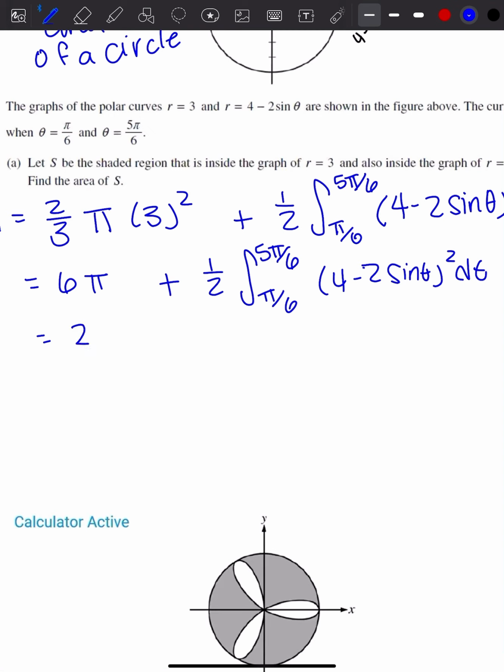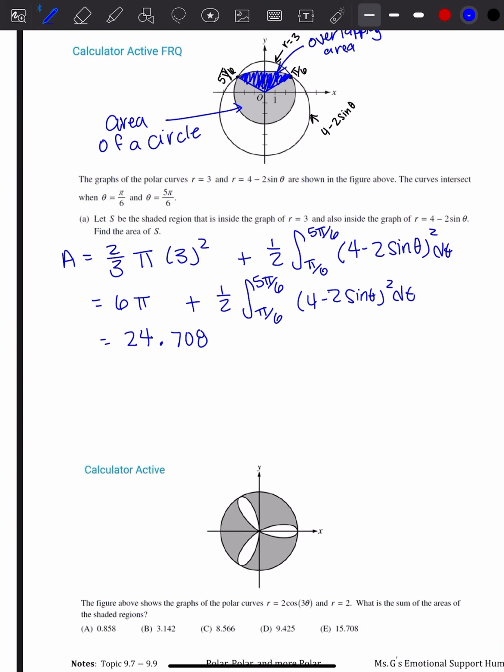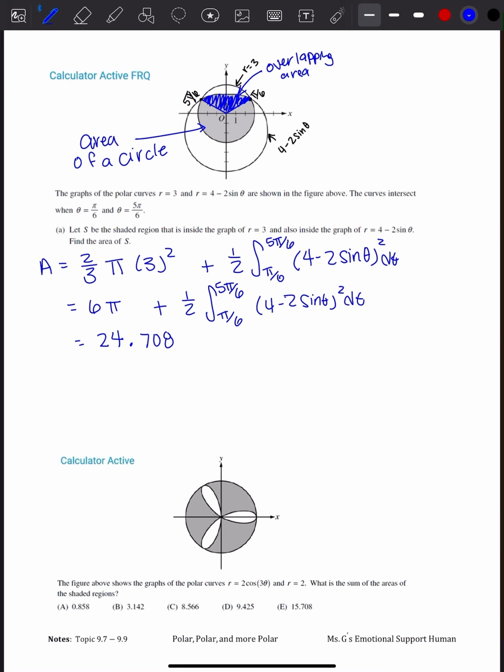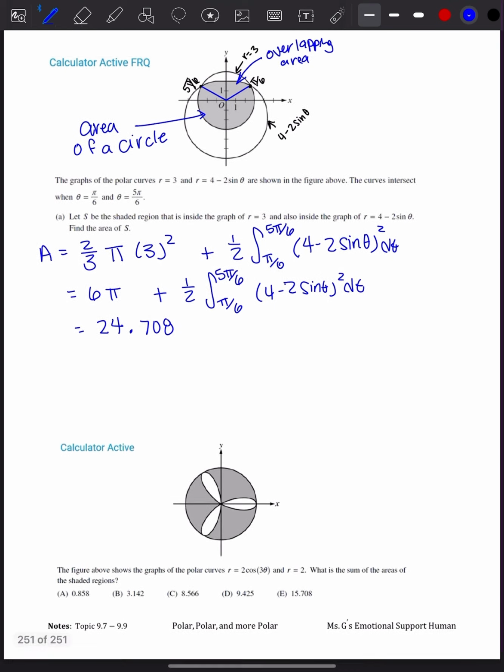If we do put this all in a calculator, we're going to get 24.708. And that's going to be whatever unit area-wise of our function. So that shaded piece here, all of this is going to be 24.708.